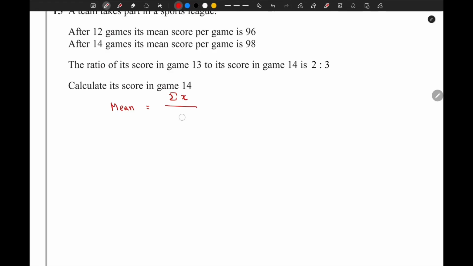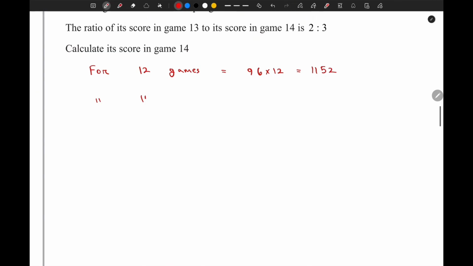Now, if I multiply mean by frequency, I will get the total of the scores. So for the 12 games, the total score is 96 times 12, which is equal to 1152.